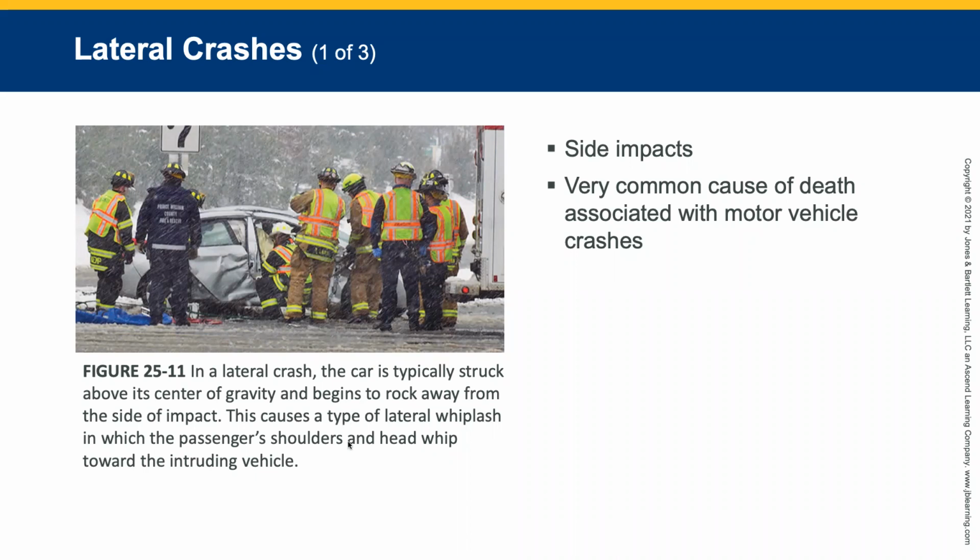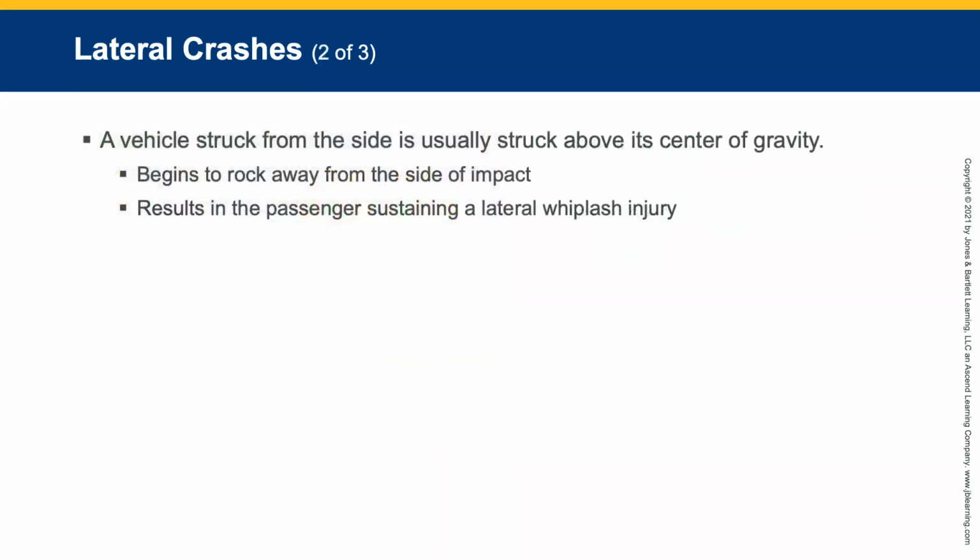Or if it's intruding into the vehicle, you can actually have the head make contact with the intruding car itself. A vehicle struck from the side is usually struck above its center of gravity. It begins to rock away from the side of impact, resulting in the passenger sustaining a lateral whiplash injury.